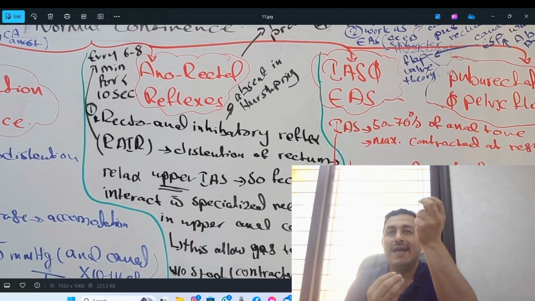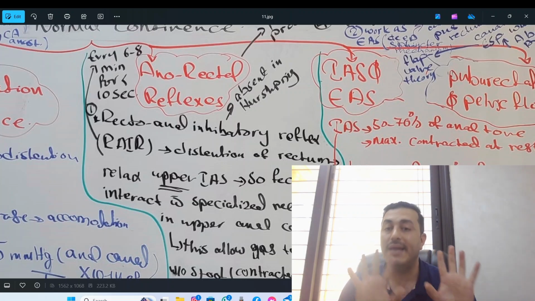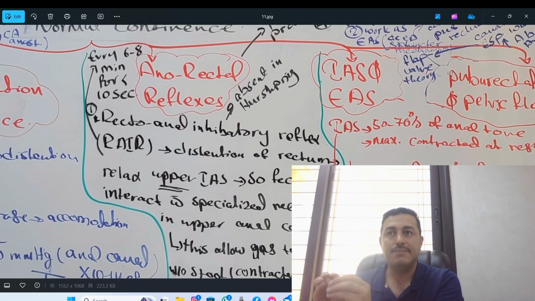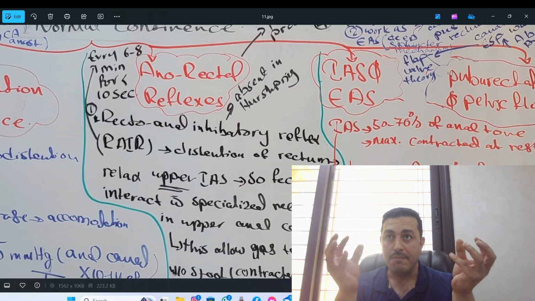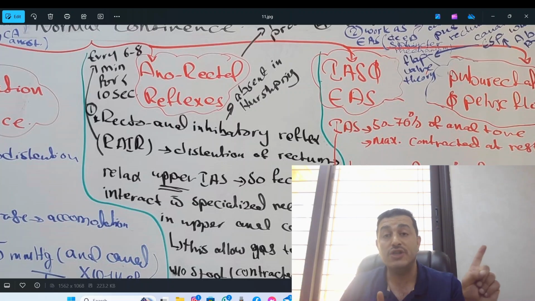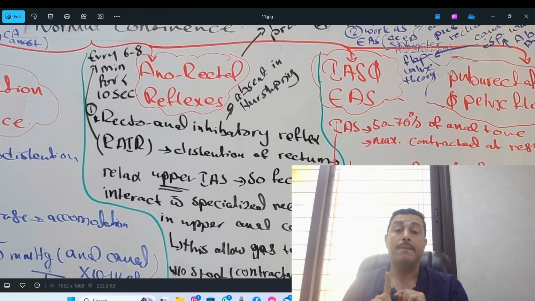So stool can pass from the rectum to the proximal anal canal, and this will allow special sensory receptors to feel that there is a significant amount of stool in the rectum. The reflexes will then cause contraction of the external anal sphincter and contraction of the pelvic floor muscle. This is one.